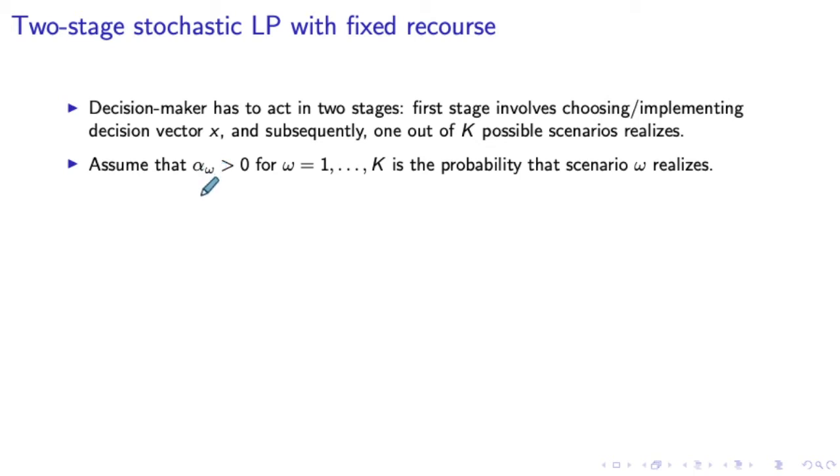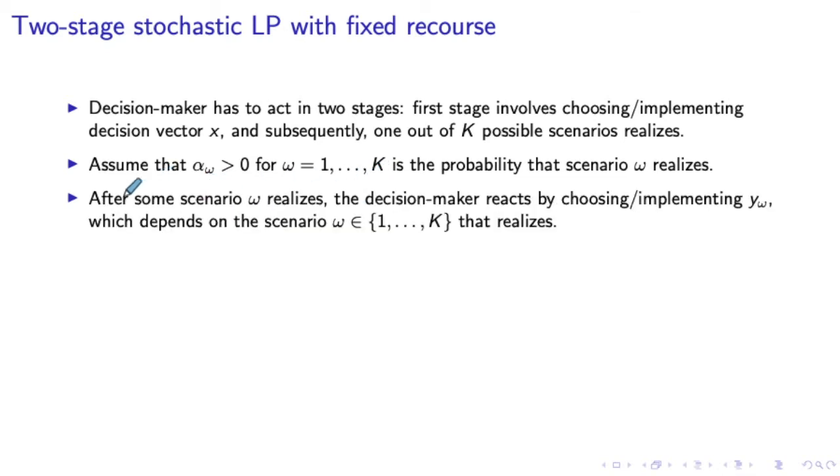So we make the first stage decision given by the vector x, and then we wait and see which of the k capital scenarios are going to realize. Once we know that a scenario omega realizes, we react by implementing the decision y omega.